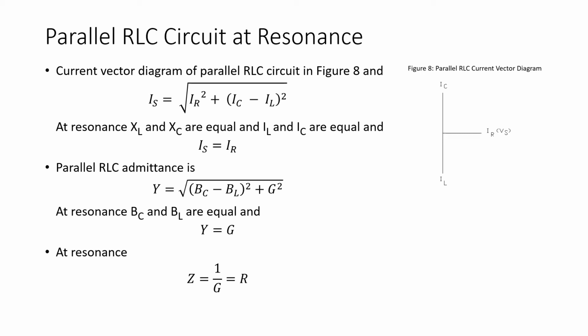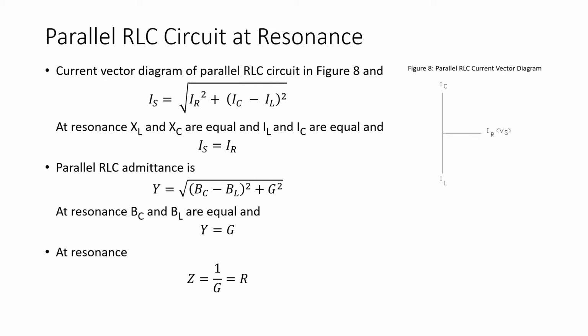And the admittance of this parallel circuit, the total admittance, equals the vector sum of capacitive susceptance, inductive susceptance, and conductance. So mathematically, Y equals the square root of (B sub C minus B sub L) squared plus G squared.